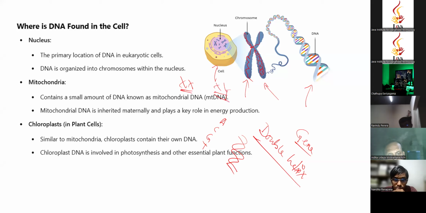So if X and X from a female and X from a male combine, then you have a female. Sorry. Then X from the female and Y from the male combine, then you have XY, then you have a male. So this is how gender determination happens based on the chromosomes.